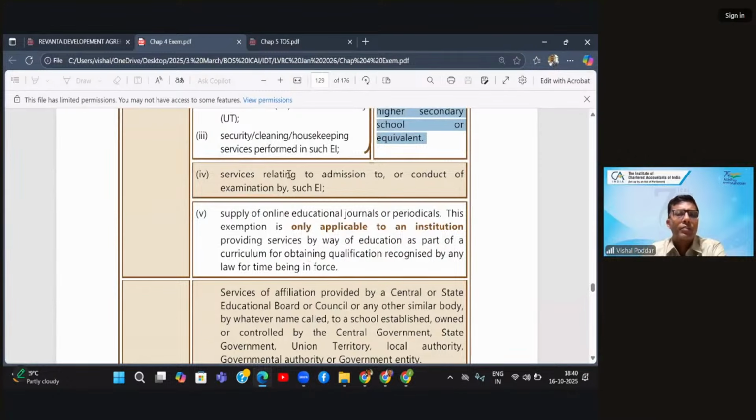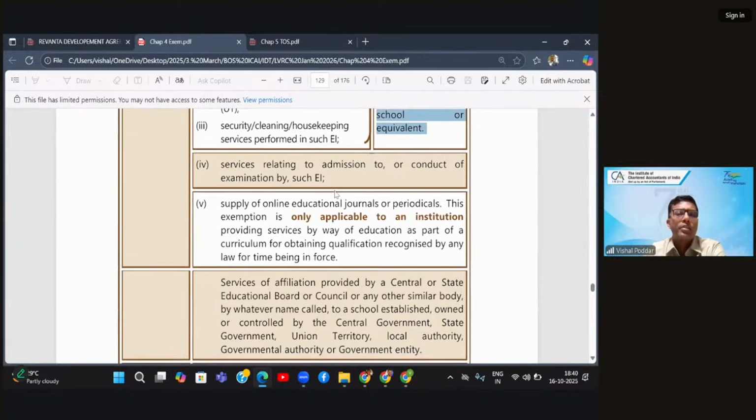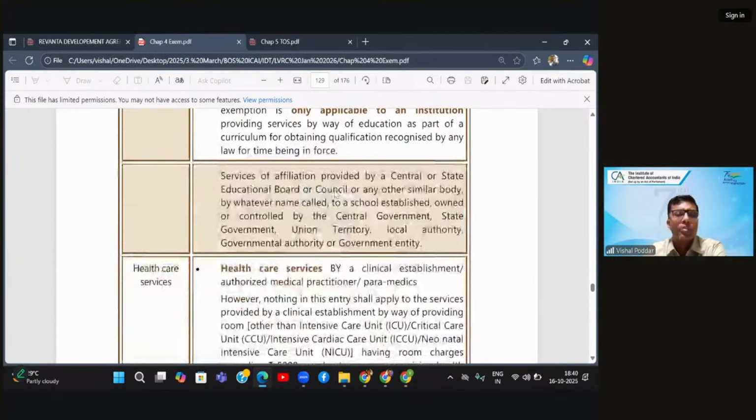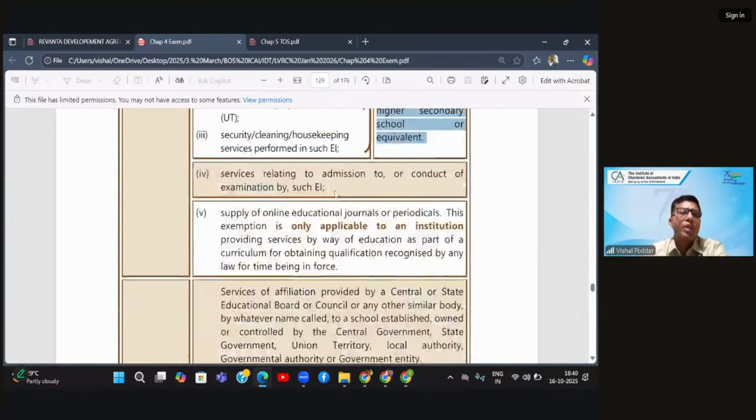Then comes the second service: services relating to conduct of admissions, exams, etc. It is allowed as exemption where the recipient of this particular service is who? The recipient of this particular service is colleges. That is the second category. Then supply of online education, journals, periodicals.